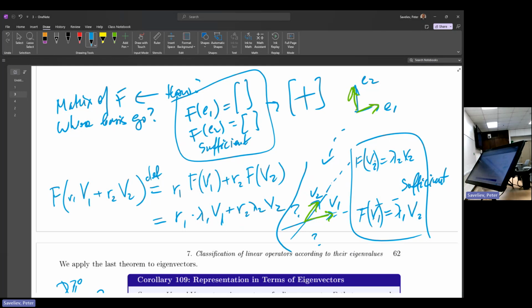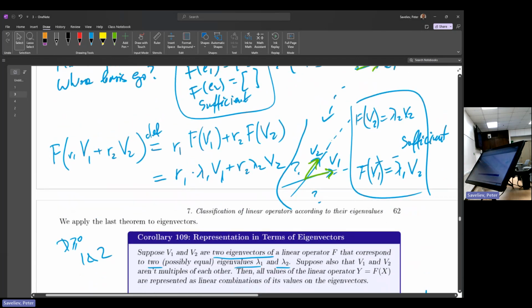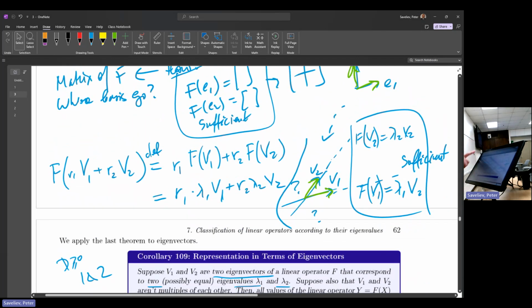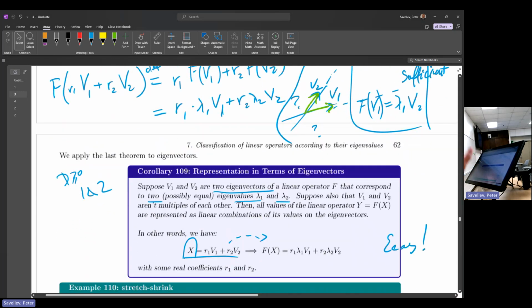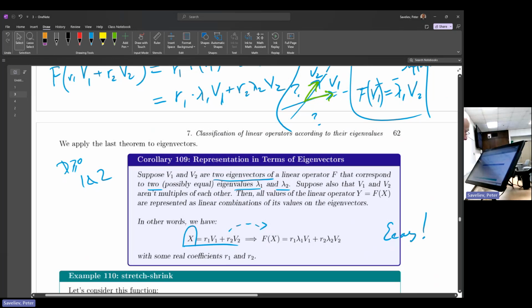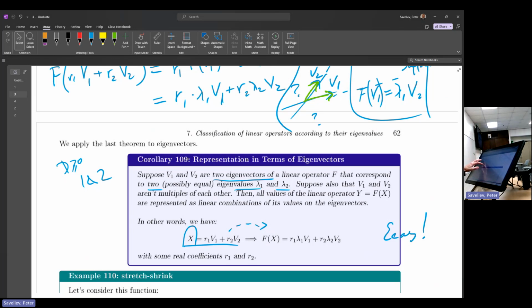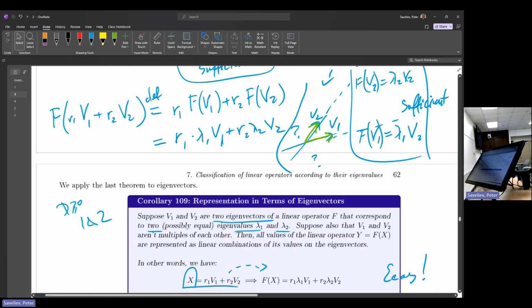That's how we started, and now we're in a similar place, but looking at the eigenvectors rather than the standard basis. If we know where the eigenvectors go, and we do if we found the eigenvalues, then it is once again sufficient. The only problem is when that plan fails, if the two eigenvectors happen to be multiples of each other. But let's suppose we are lucky and the eigenvalues are distinct.